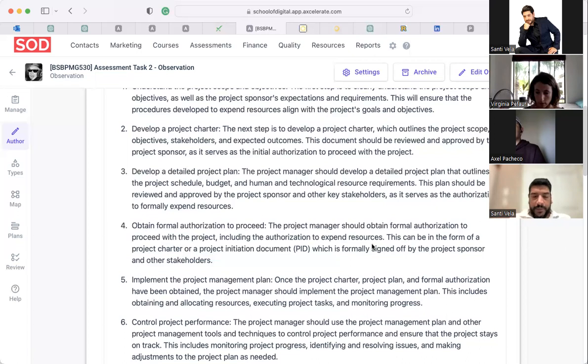What else? The communications management plan. All right, cool. What I want you to remember is this is the most macro plan, the project management plan, and then we have sub-plans associated to it.